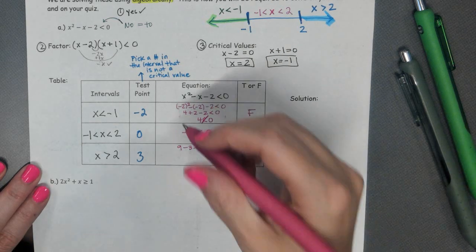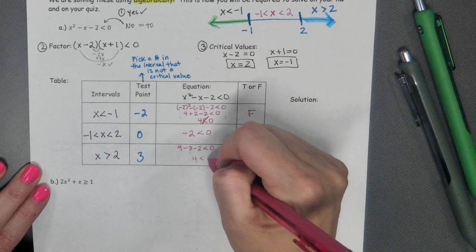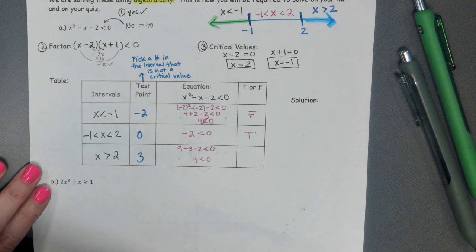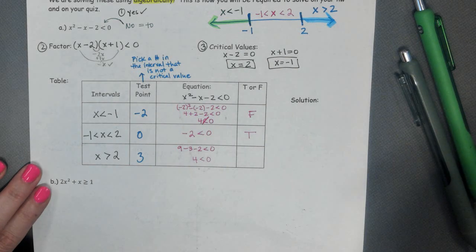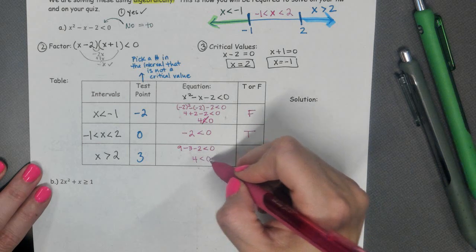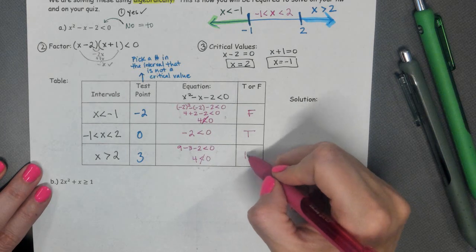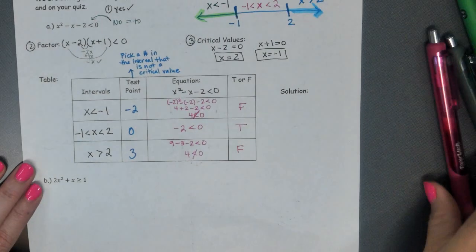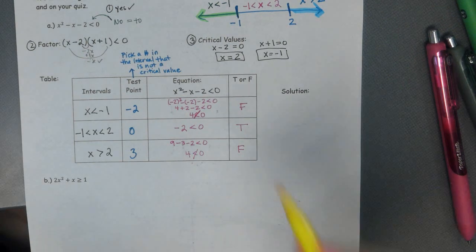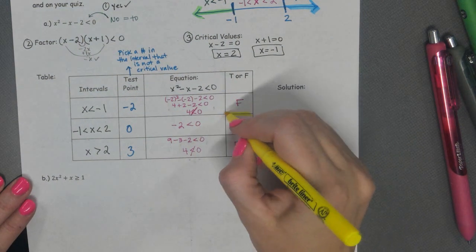This is 9 minus 5, which is 4. I can do that quicker than I could even plug it into my calculator. So 4 less than 0. We already said that that was what? False. Now your solution is whichever one is true.